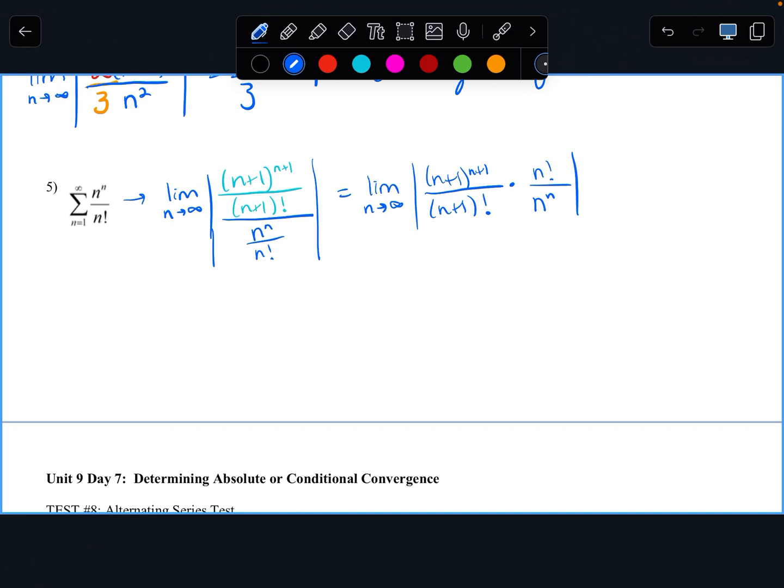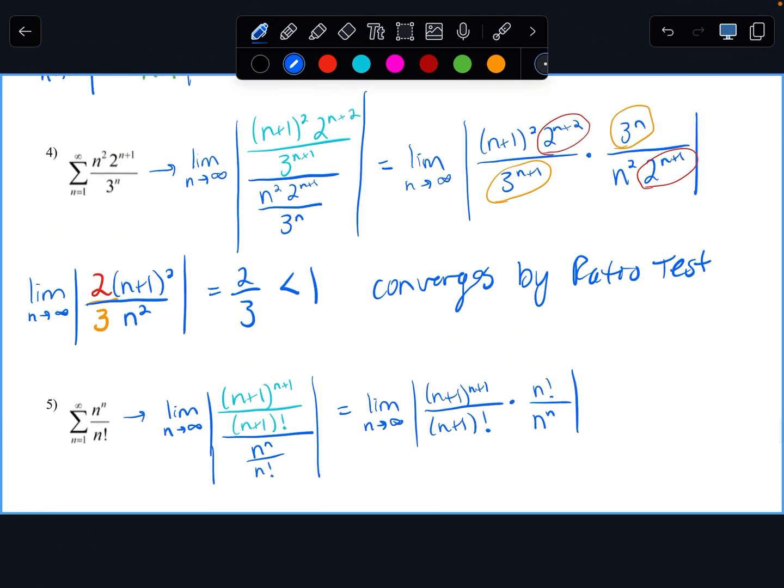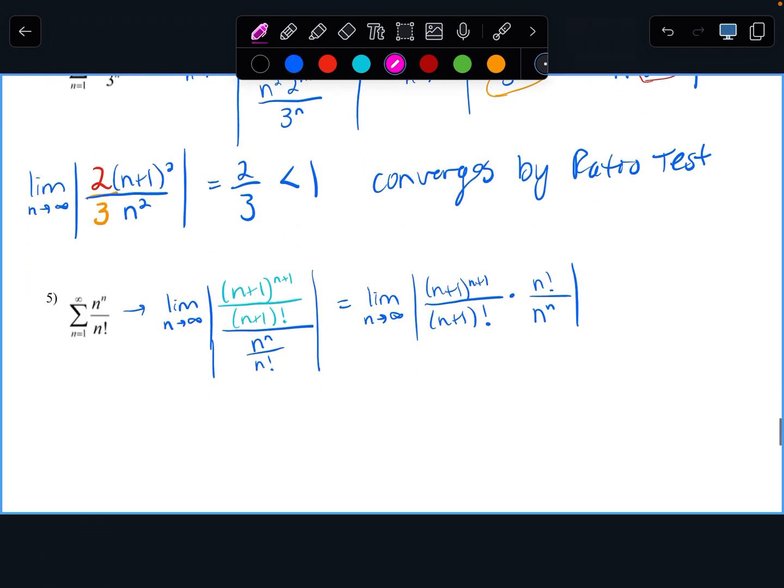But this, it's kind of like that x squared one or the n squared one up here. I can't cancel these, you know. It's kind of the same with this, and the exponents are all wild looking. So we're just going to ignore that for now and just work on these guys.